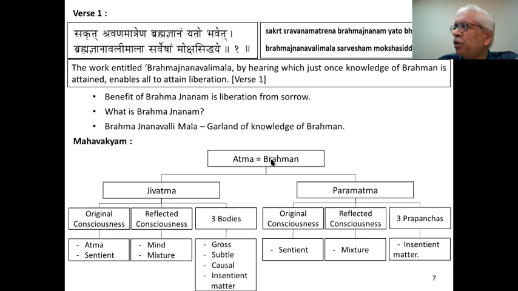Only when we are able to claim this oneness between us and the ultimate reality in this fashion as taught by the scriptures, we will then be able to drop our identity with this body as me. Till then, the subtle mind in us will keep on projecting the ego I.